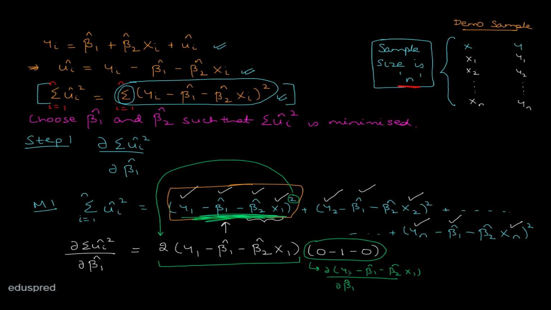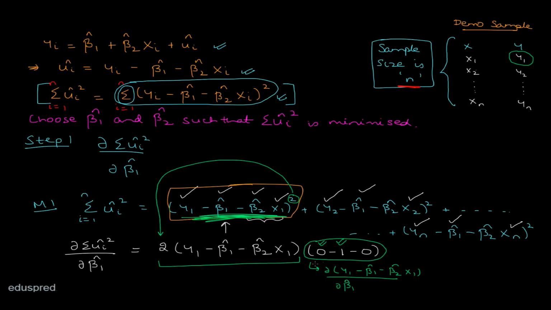Note that y1 over here is a particular constant. As you can see, y1 is the first value of y that we have in the sample, and when you differentiate a constant, you just get 0 in return. So that's why we have 0 over here. The second term is minus beta 1 hat. When you differentiate minus beta 1 hat with respect to beta 1 hat, you're going to get minus 1. So that is over here. The third term is minus beta 2 hat multiplied by x1.